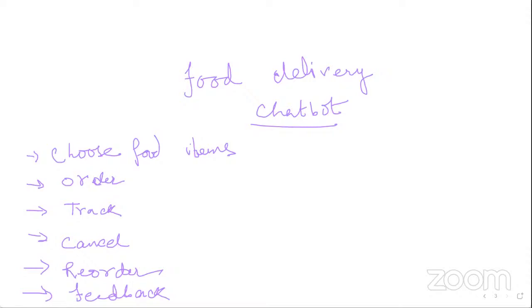More reorders typically means the customer is very satisfied with that particular restaurant, right? And then comes feedback, on how the entire order delivery experience was. So these are the five topics that your conversational platform will rely upon.